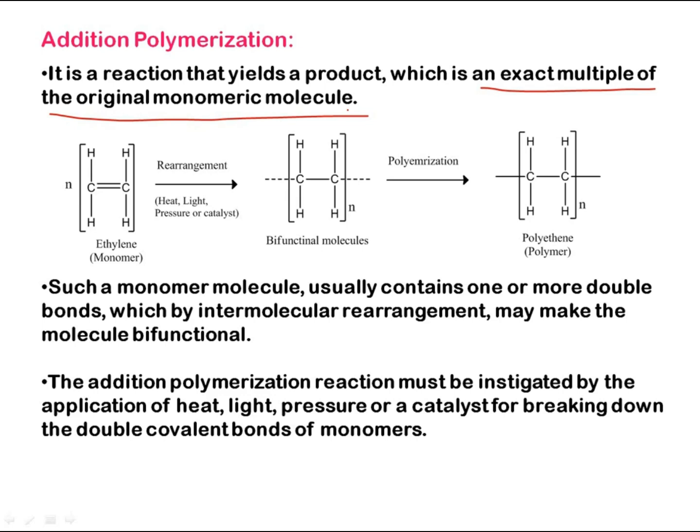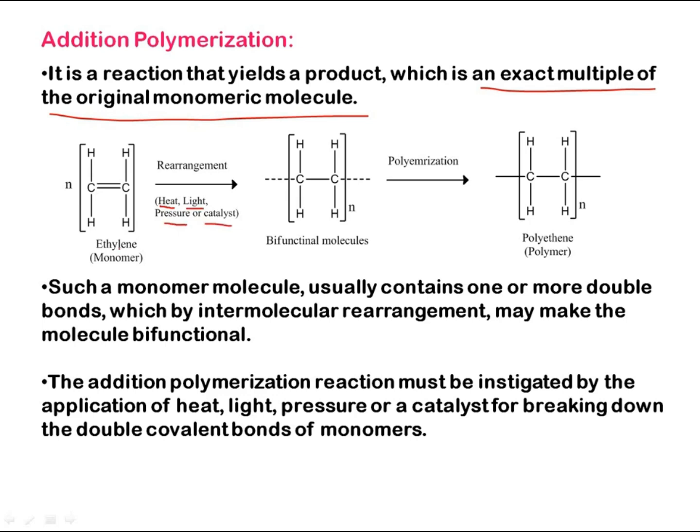So polymer is an exact multiple of all the monomers. Such a reaction is called addition polymerization reaction. It is instigated by either heat, light, pressure, or any catalyst.